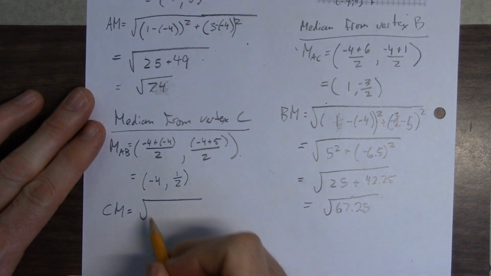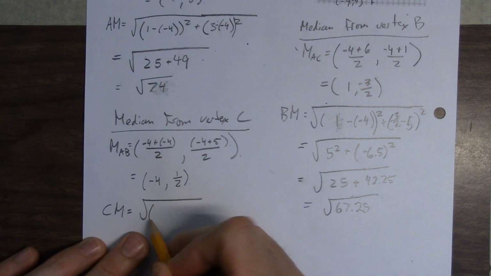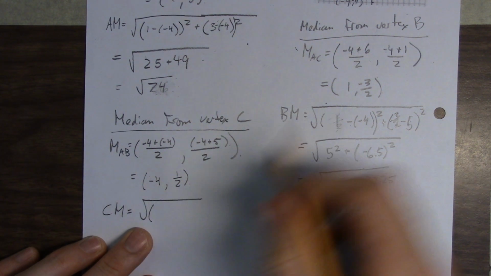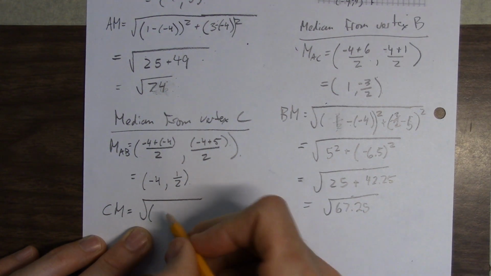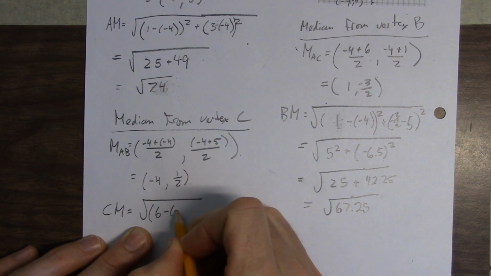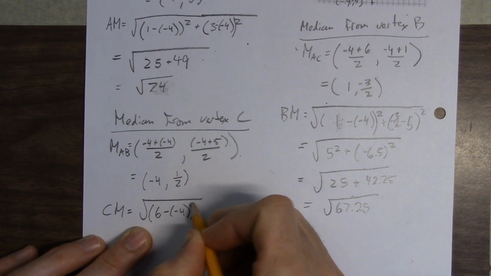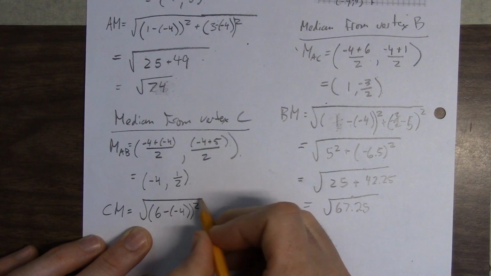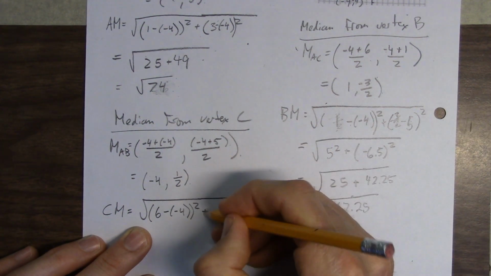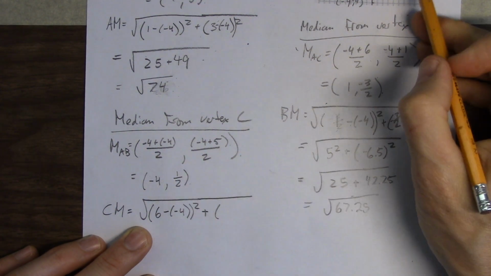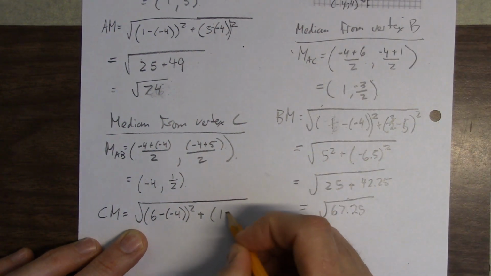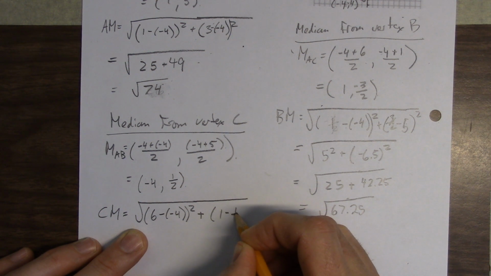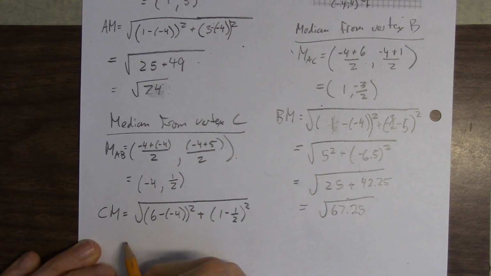Now we need to calculate the length of the line CM. It's going to be equal to the square root of x2 minus x1, so 6 minus -4, plus y2 minus y1, so 1 minus 1/2, squared.